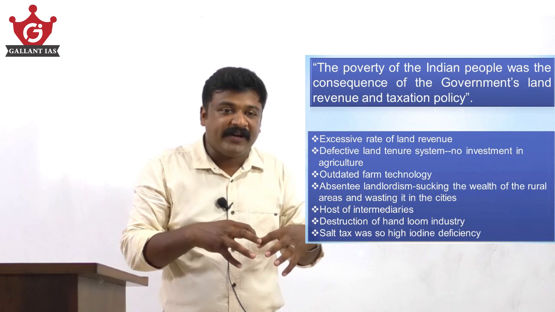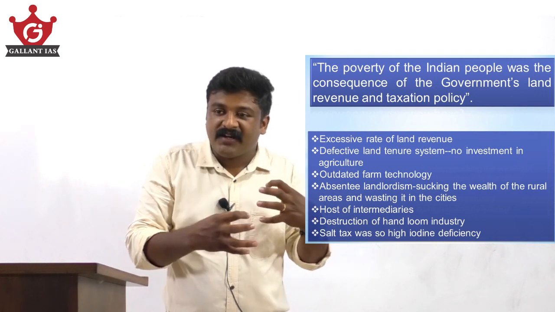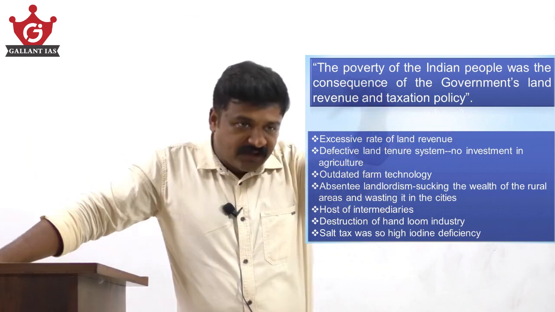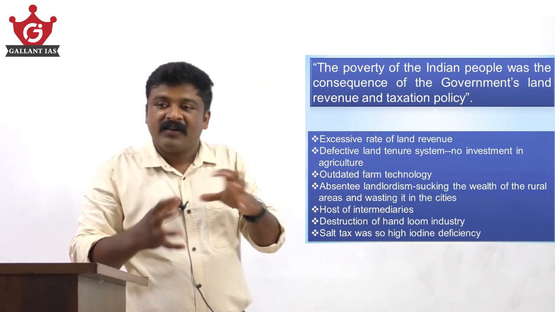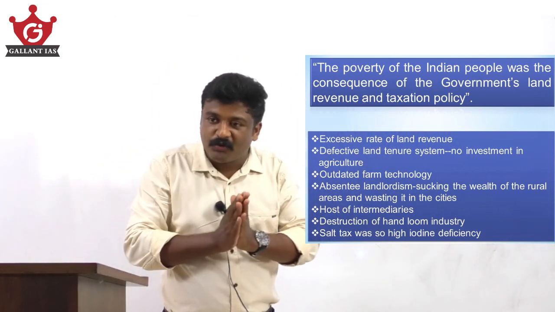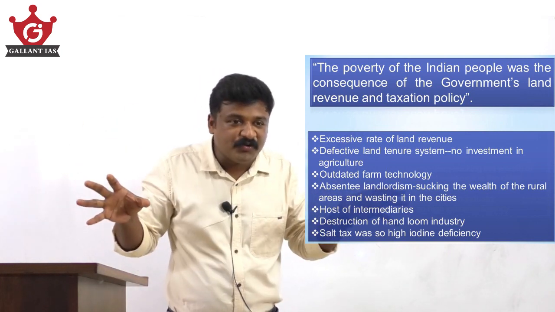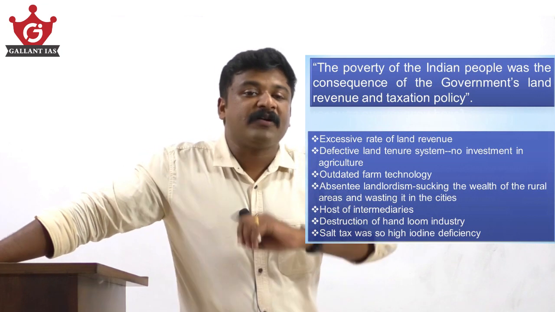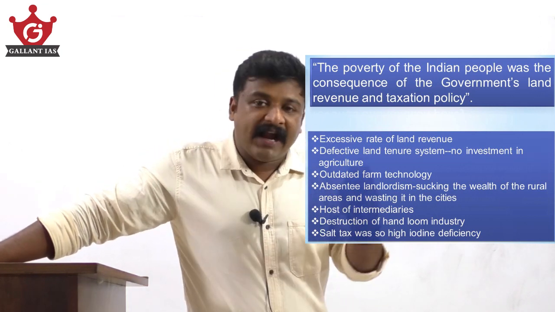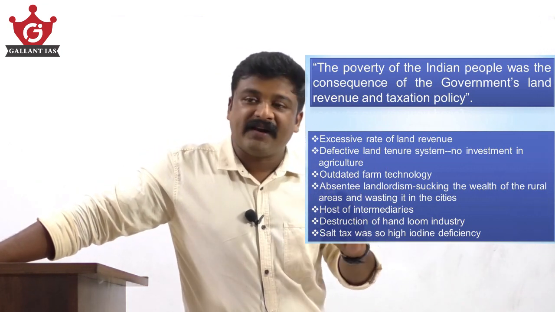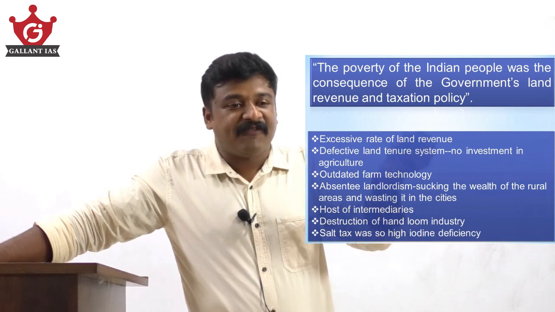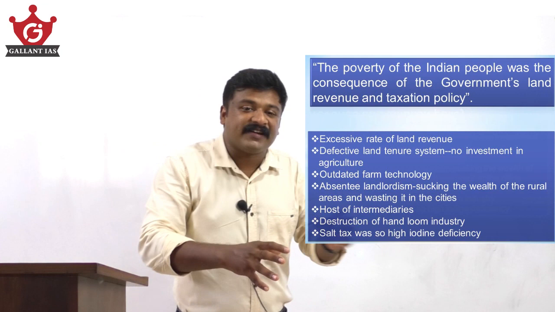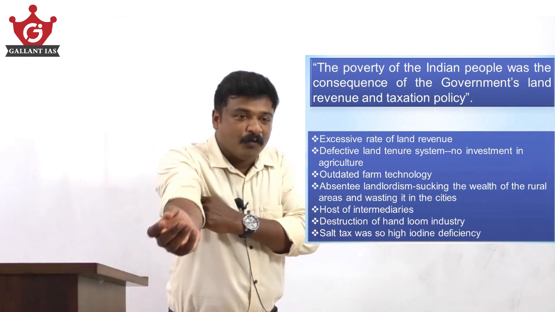If it is rayotwari, yes, the cultivator is directly responsible to pay to the state. Mahalwari, the entire mahal is responsible for collection and payment of the revenue to the state. So whatever the revenue settlement, the land revenue demand was very heavy. The people were not able to produce that much, and at that time they will borrow from the moneylenders, and they will fall into the trap of the moneylenders, rural indebtedness, and eventually resulting in famine and poverty.